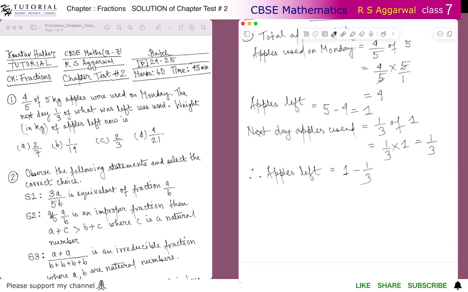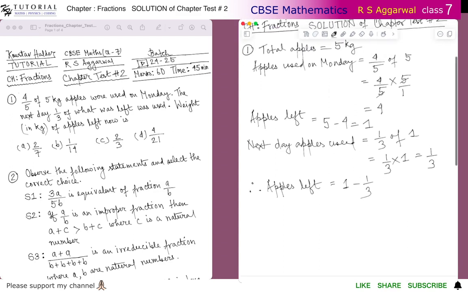After Monday, after the 4/5 of apples was used, how many apples was left? 1 kg. Now the next day apples used was 1/3 of 1 kg, that is 1/3 kg. So apples left is 1 minus 1/3. This is 2/3.